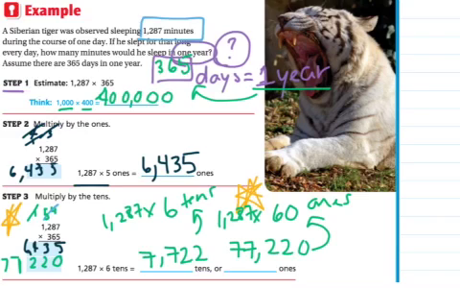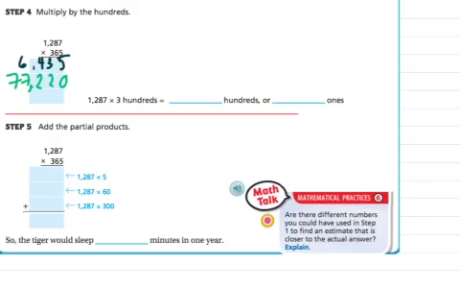Next, we're going to go on to step 4 and multiply out the hundreds. So next, we're going to multiply out the final column, so that's the hundreds place. So 300 times 7 would give us 2,100, and we're going to regroup the 2, and then we're going to do 8 times 3 is 24, plus the regrouped 2 is 26. I'm going to write the 6 down, and then we're going to regroup the other 2. And then 3 times 2 is 6, plus the regrouped 2 would be 8.